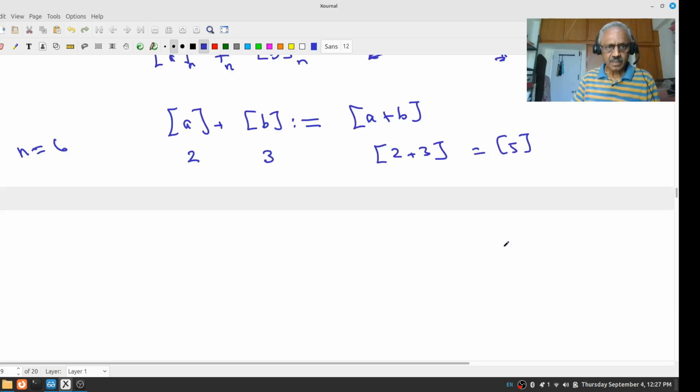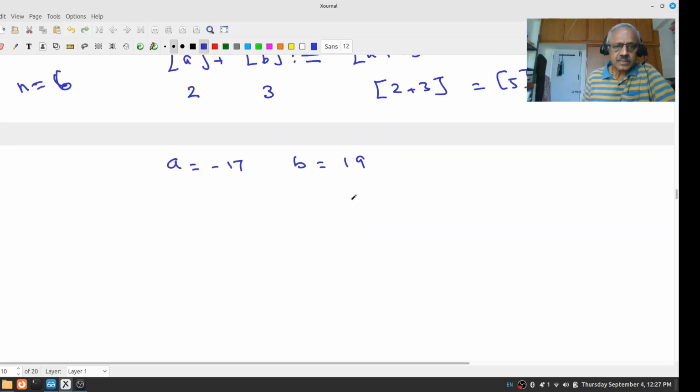You understand? But we had already seen this. Let us again take n equal to 6, suppose my a is minus 17 as I did earlier, b is 19. You understand this? 19 is good enough, yeah.